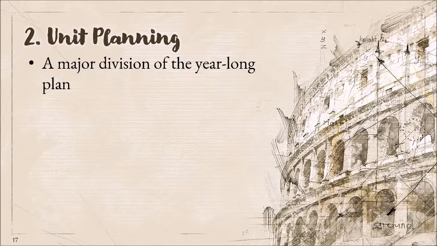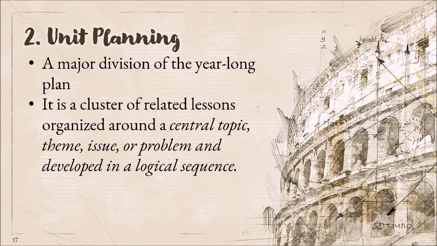Yun, ginagawa yung long-range planning before pa magsimula ang school year para malaman natin kung ano yung mga dapat baguhin or dapat i-develop para bago pa magsimula yung school year ay mabago na yon. Dito naman sa unit planning, portion lang to ng year-long plan. Okay? It is a cluster of related lessons organized around a central topic, theme, issue, or problem and developed in a logical sequence.